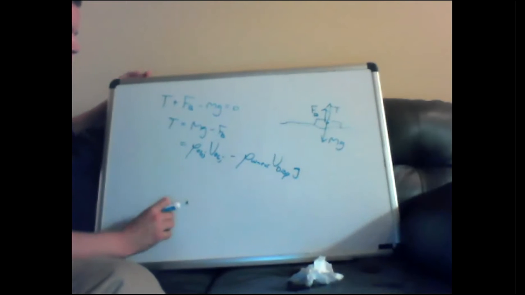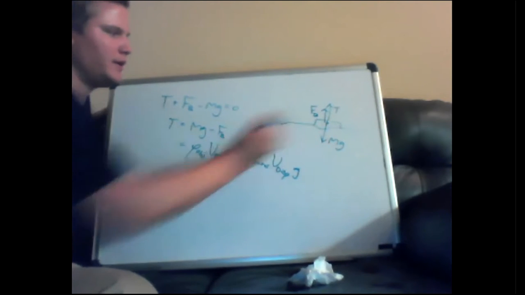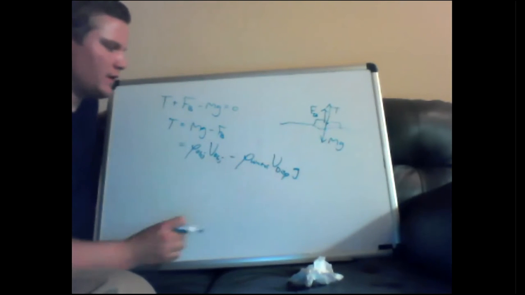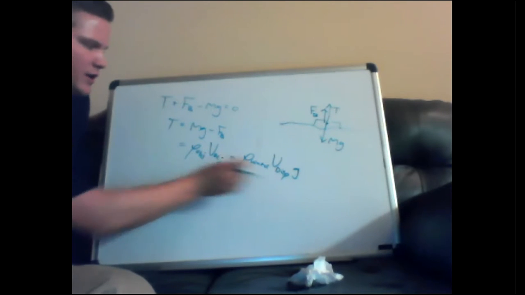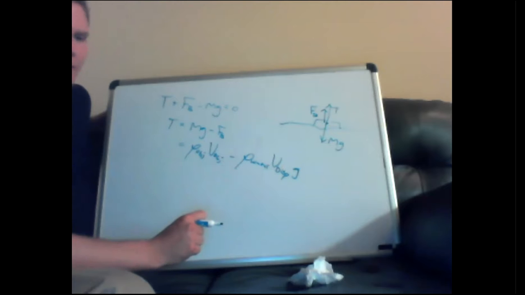Now keep in mind that because this object is completely submerged, the volume of the displaced fluid is equal to the volume of the object. And so instead of writing V object and V displaced, I'm just going to write V object.